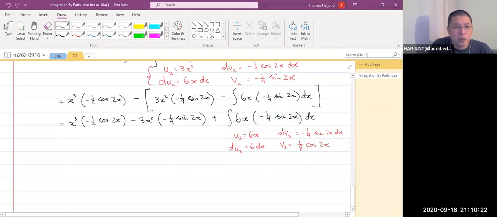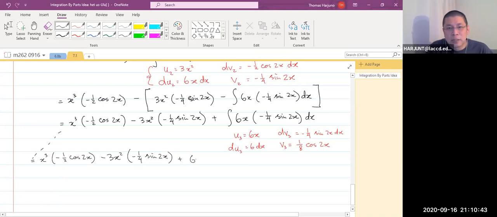So this becomes, let me shift this a bit to the left so that I have enough space on the right hand side. Plus 6x times 1/8 cosine 2x minus integral of 6 times 1/8 cosine 2x dx.